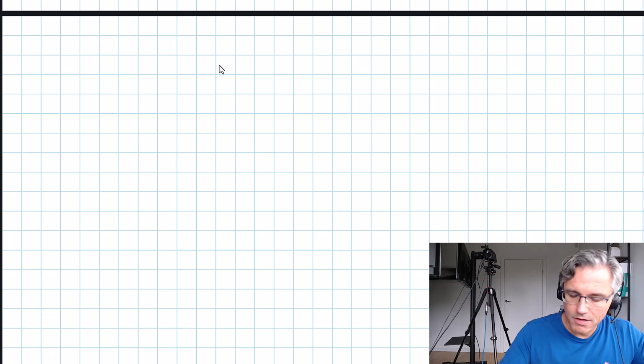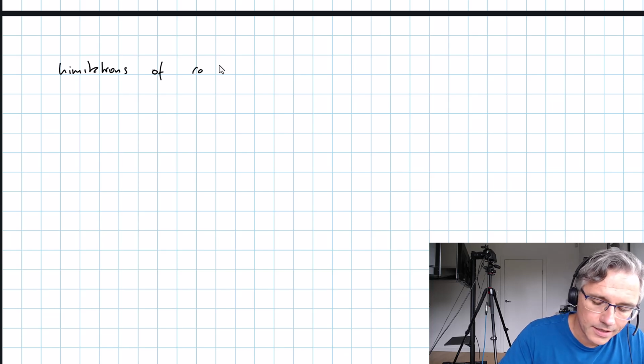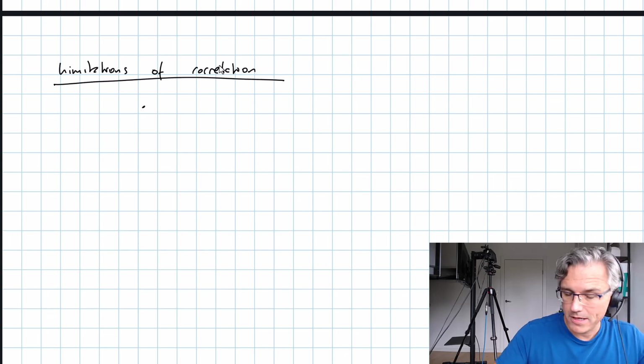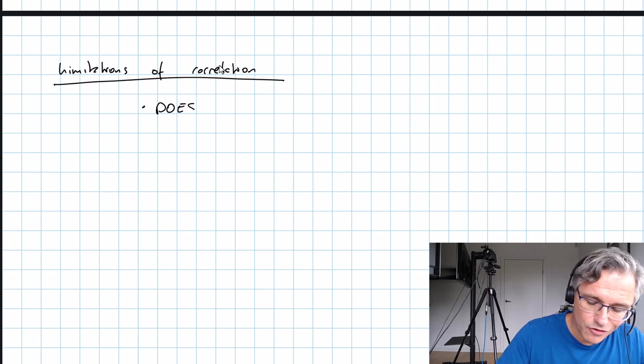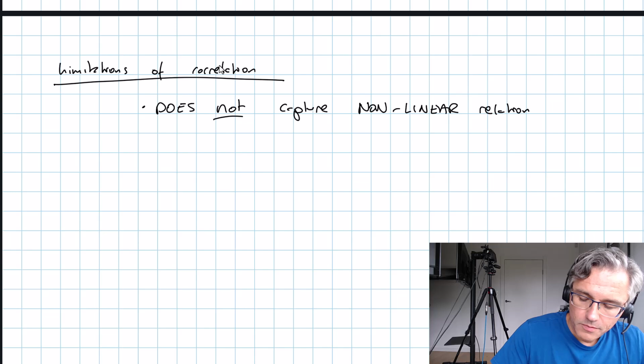Now, very importantly, you should be aware of some of the limitations of using correlation in analysis. Something I've mentioned already, it does not capture non-linear relationships.